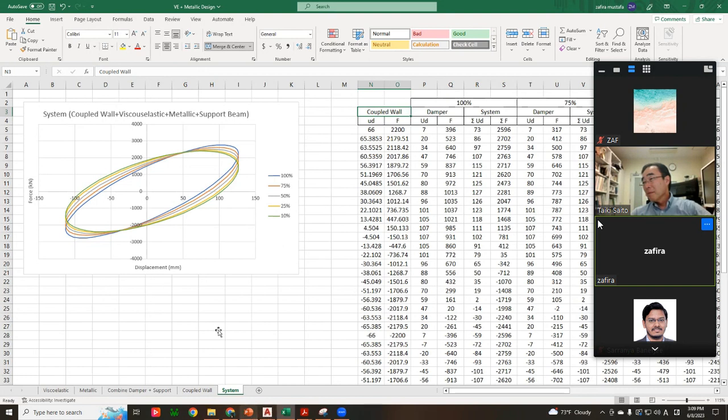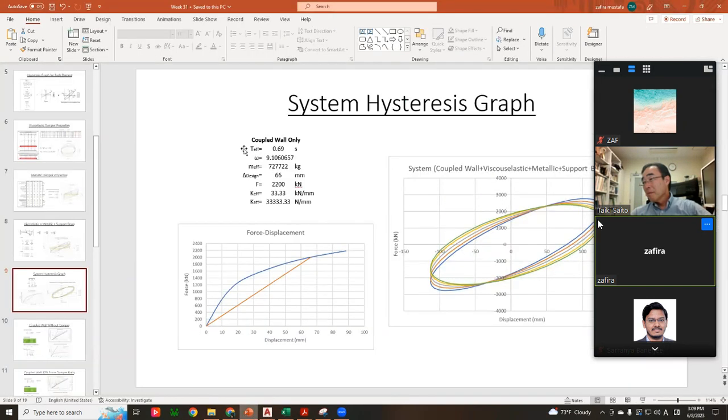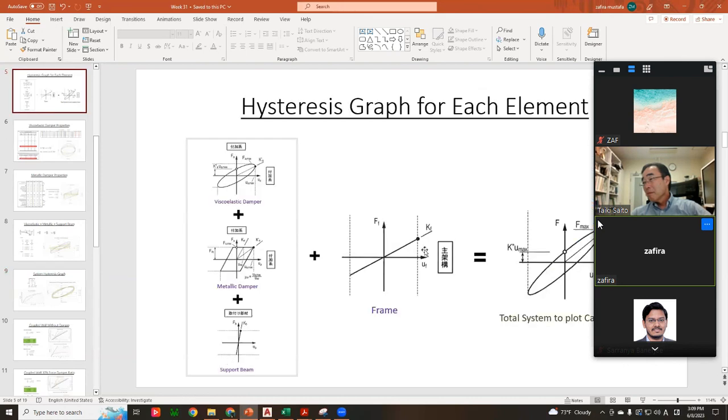My plan is to form the total graph for all the elements. So can I just add all the stiffness together and form the hysteresis curve like this? Is it a wrong method, Sensei?